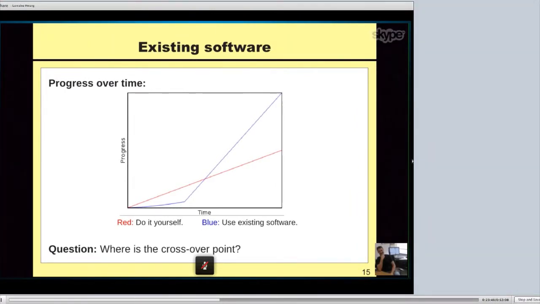Whereas if you use existing software, if you build something on PETSc or on Trilinos or on deal.II, then of course you will have to spend probably a not insignificant amount of time in the beginning to try to read through the documentation and understand how they do things and so on and so forth. So in the beginning your progress will not be very fast.